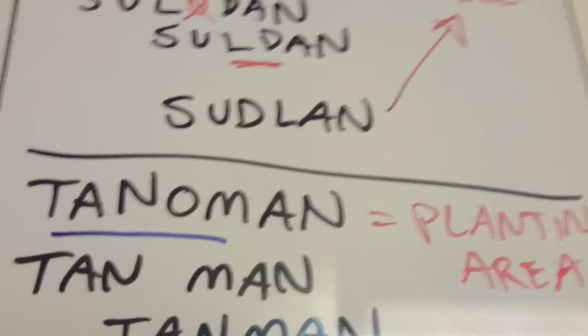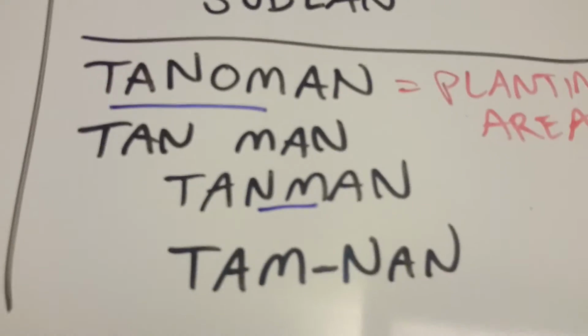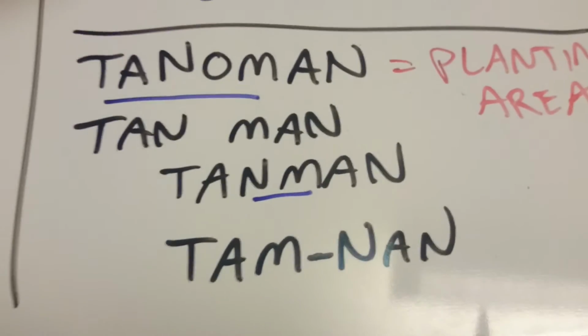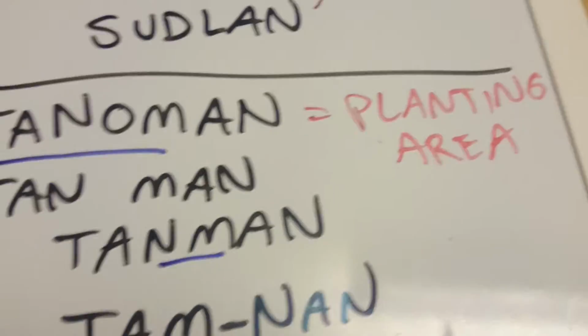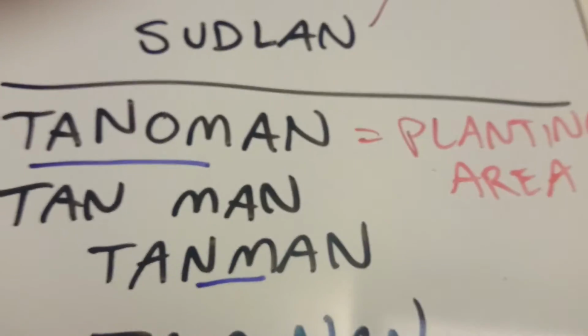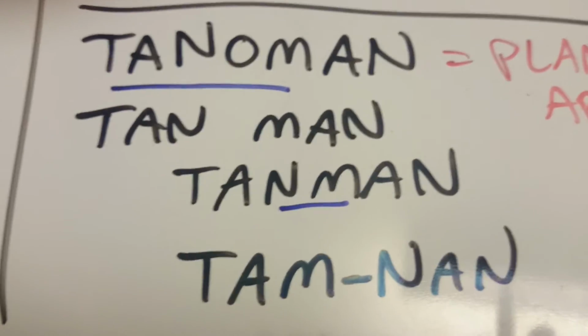It's like a place where you can plant, or just a place with plants in general. Tanoman, right? It's non-specific again, planting area, place where plants are, just that place.